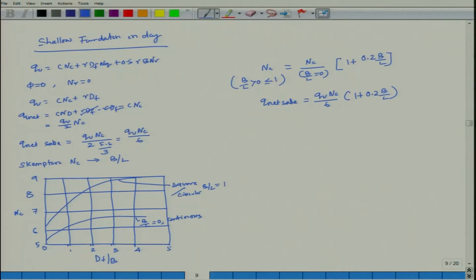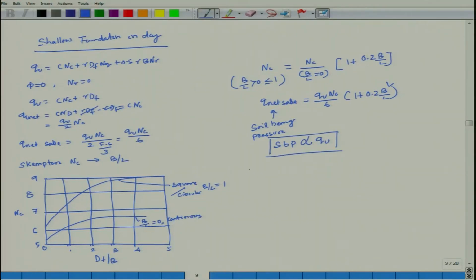So, if everything is constant, suppose B is constant, L is constant, NC is also there, what will happen? This is your soil bearing pressure. That means SBP is directly proportional to your QU.